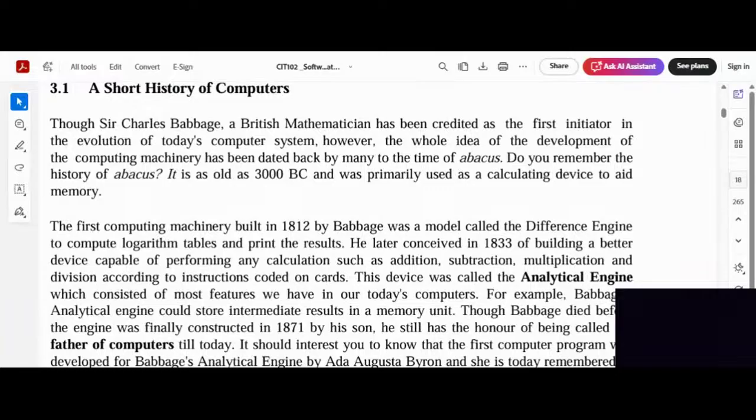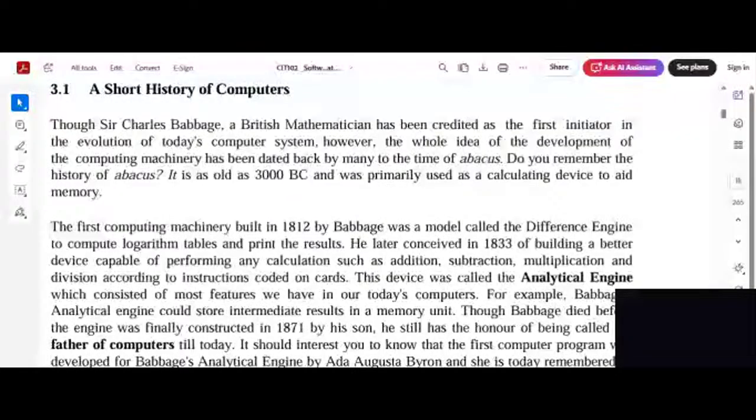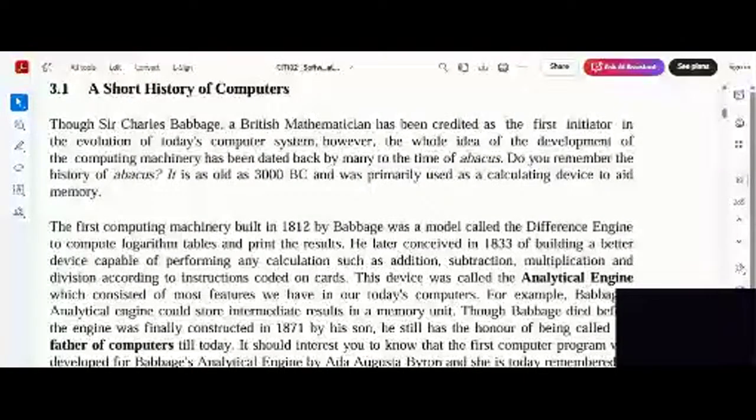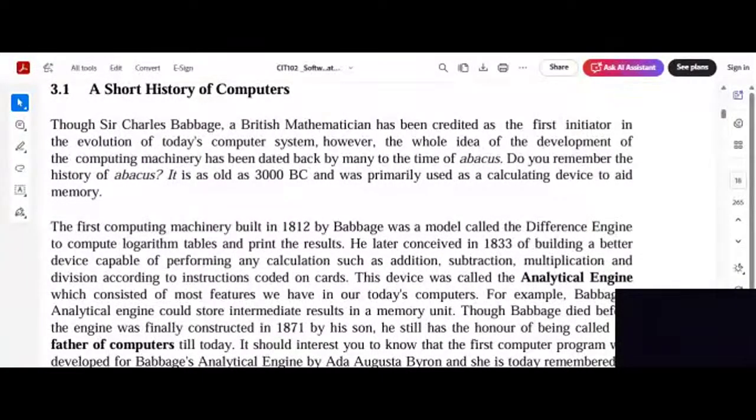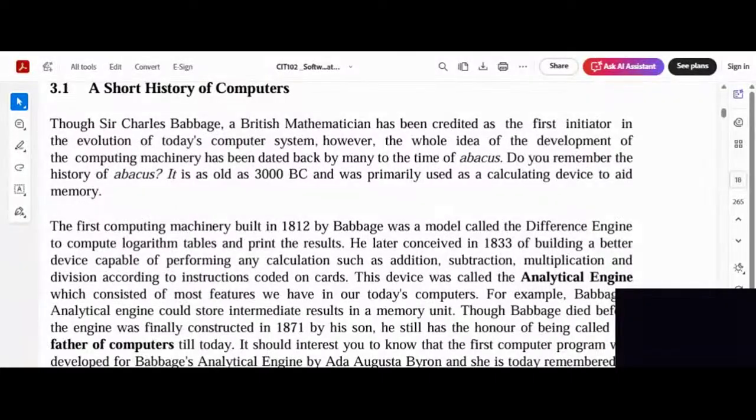The first attempt Charles Babbage made in producing an engine was the difference engine, basically used for calculating and solving logarithm tables and also printing out the results.